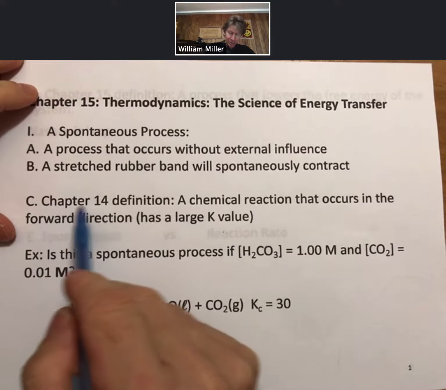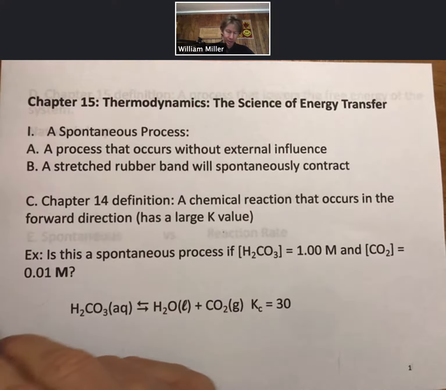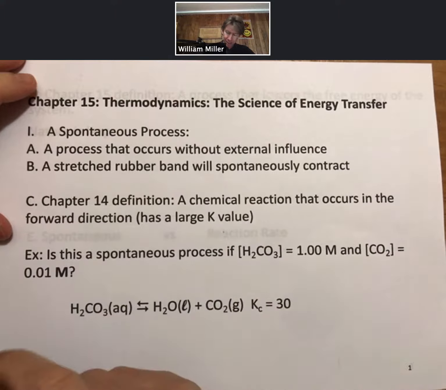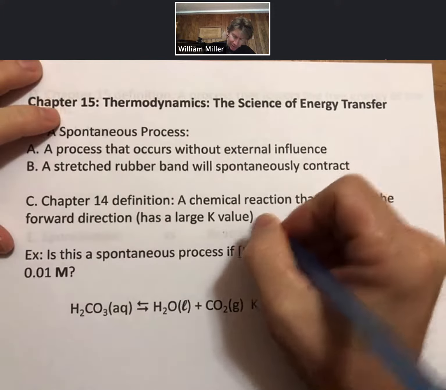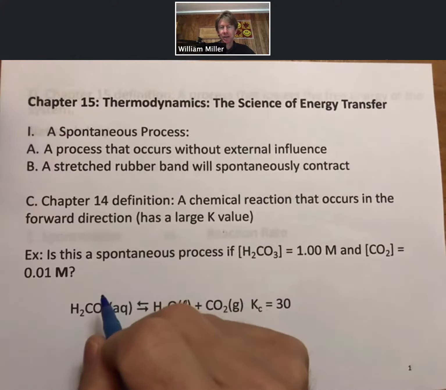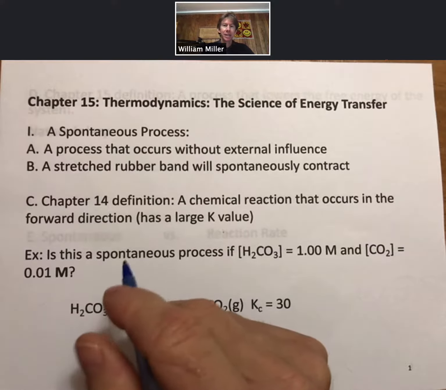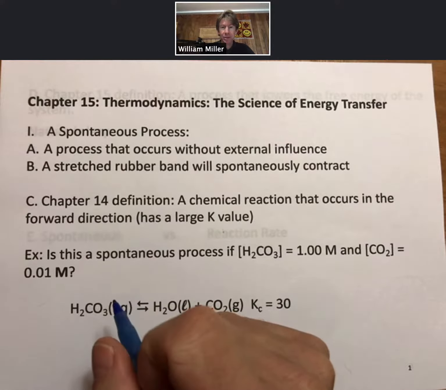From chapter 14, when we were talking about equilibrium, a chemical reaction that occurs in the forward direction is a spontaneous process, or at least when it has a large K value, Kc, Kp, it certainly has a very good likelihood.